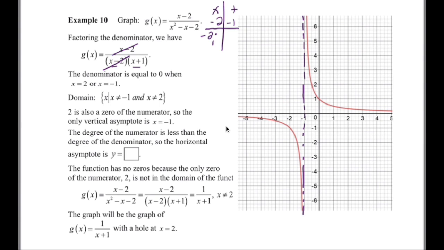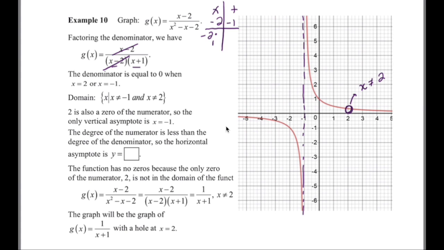In this case, if you were to hover your mouse over this graph, there's going to be a hole here. So we need to put a hole here because x cannot be 2. So the simplification tells us where our vertical asymptotes are going to be.